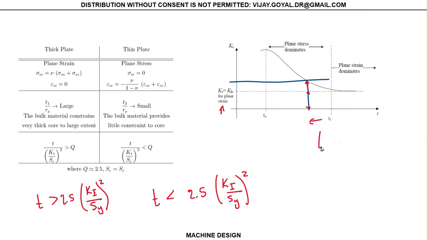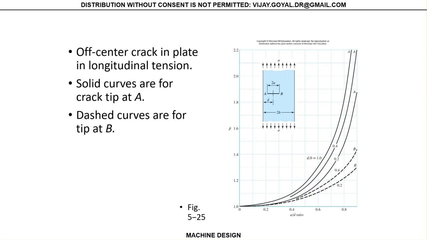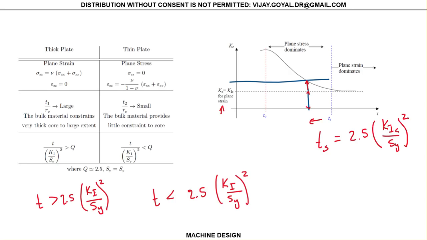So your T of S is actually going to equal 2.5 times (K1C divided by the yield strength) squared. So in such a case, if we are working in plane stress, the equations that are valid will be the following.